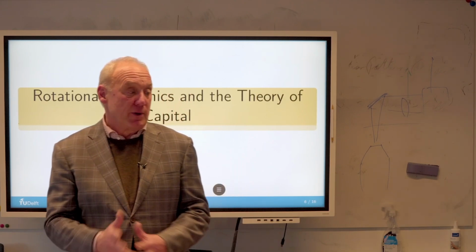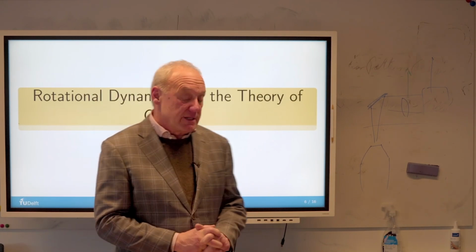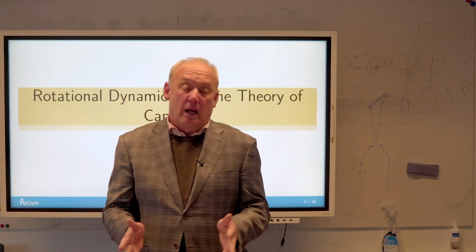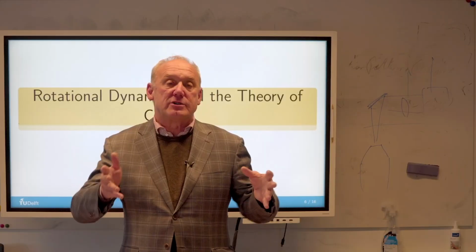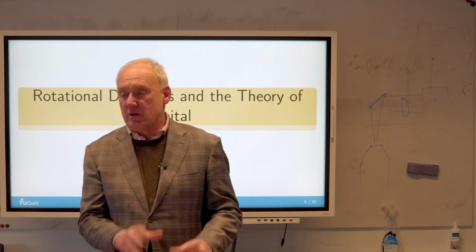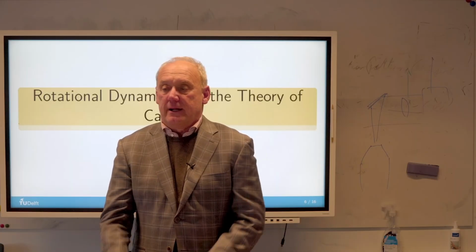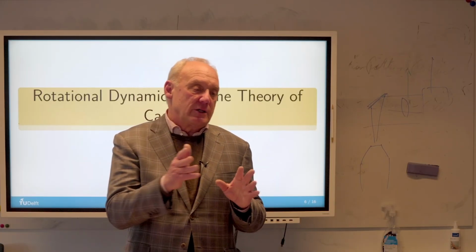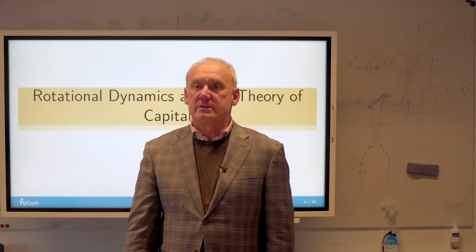Now, we're going to exploit those differences because there's a difference between trading commodities and a theory of capital, when you have some resource and the return is on the resource. There is also a big difference, and the difference is related to this business of translations versus rotations, okay?